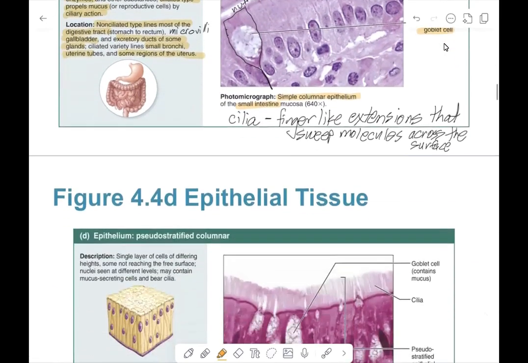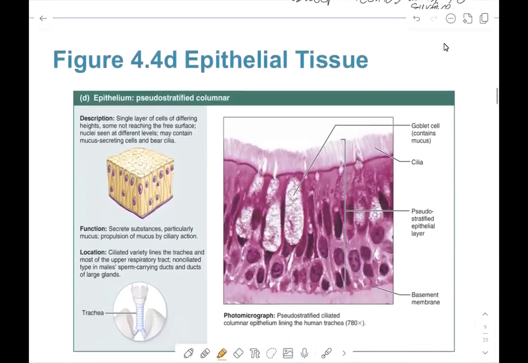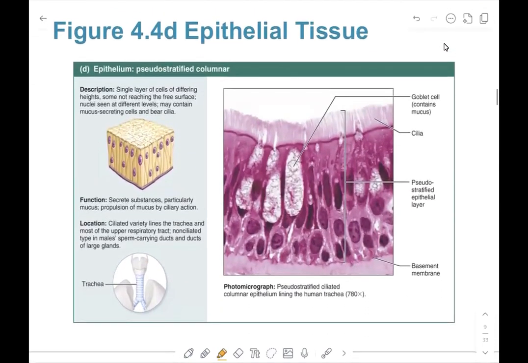Our next slide is also going to be one layer thick, but it appears that it's many layers thick. So really, there's four types of epithelium to know that are simple and two that are stratified. This first one is called pseudostratified columnar.